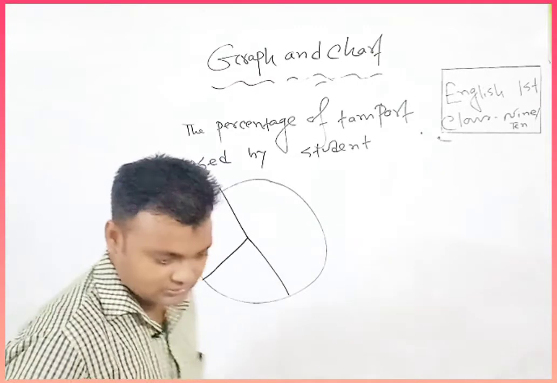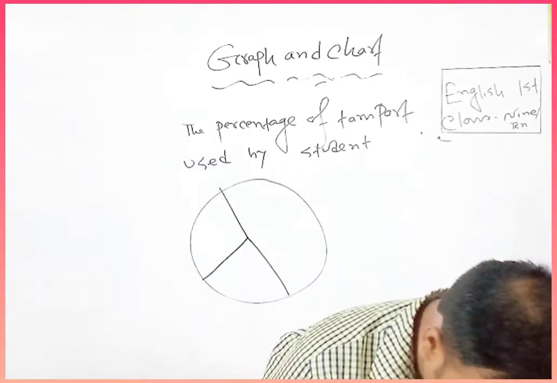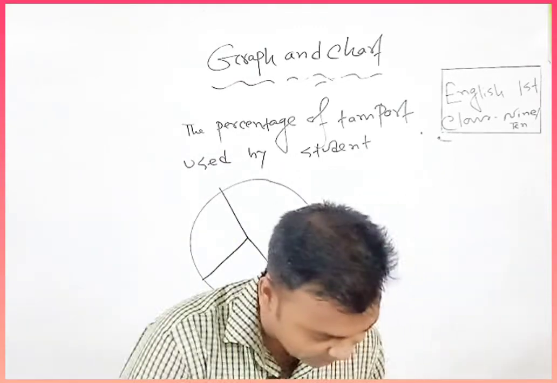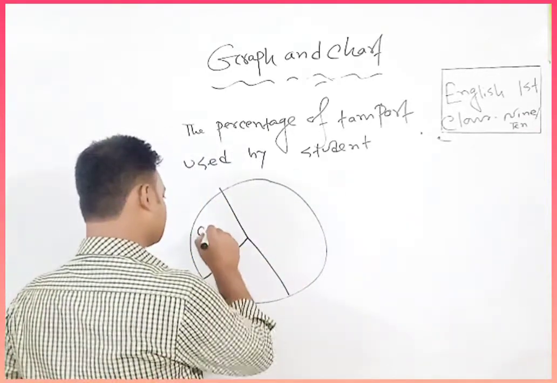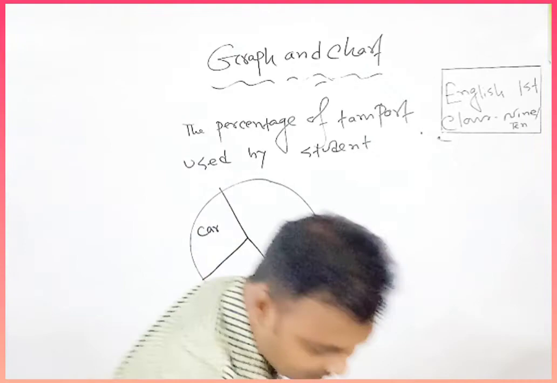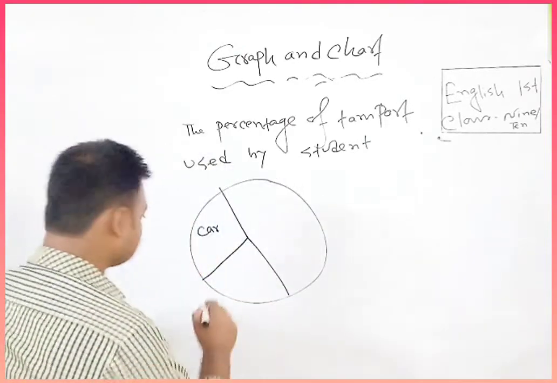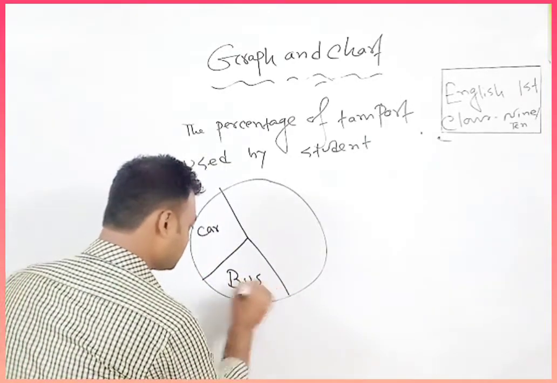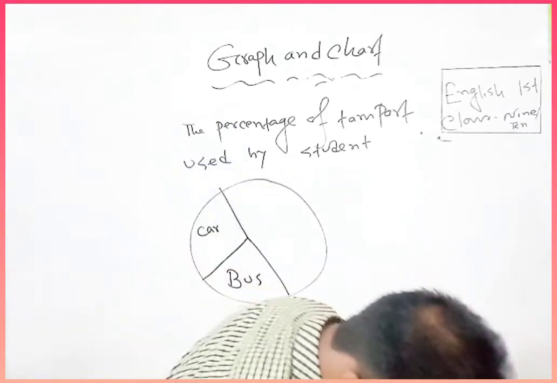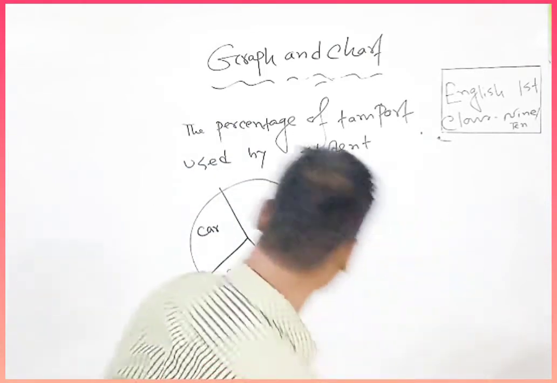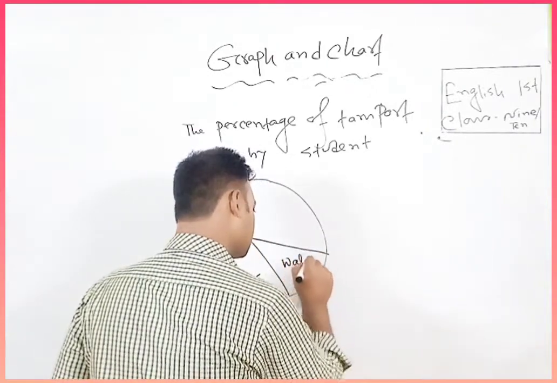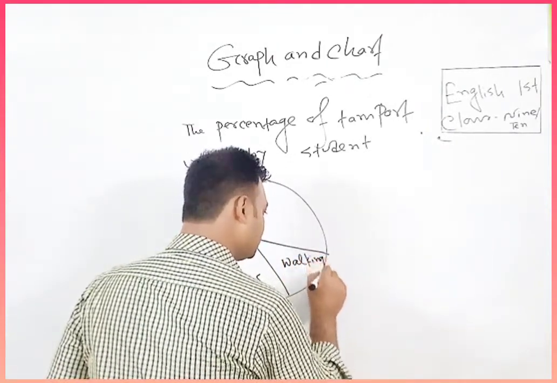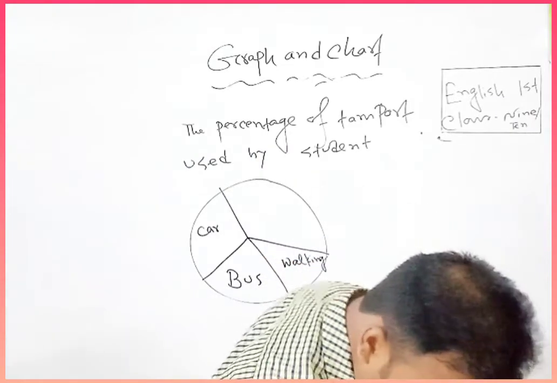Okay, so we have seen 4 categories of transport: car, bus, walking, and rickshaw.